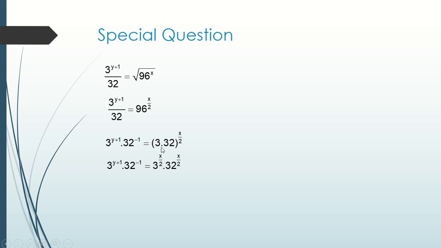It must be equal to this one as well, because there's an equal sign in the middle. So y plus 1 from our exponents is equal to x over 2, and minus 1 is equal to x over 2. So we can solve for x here. x is equal to minus 2.